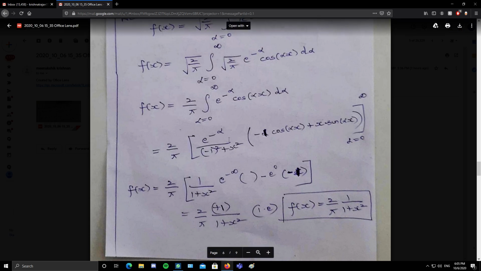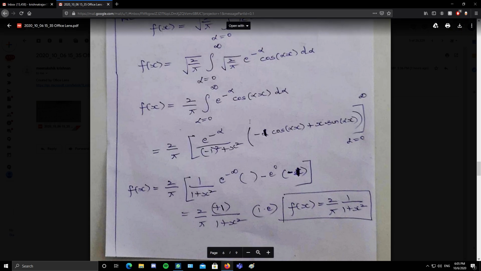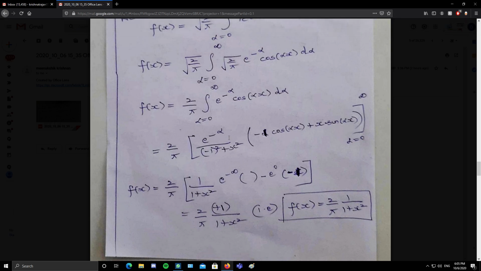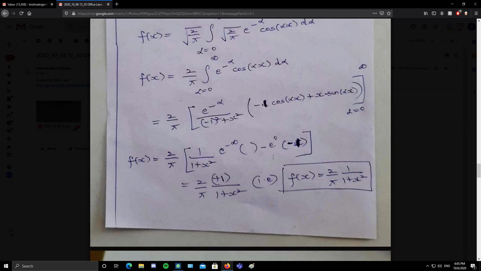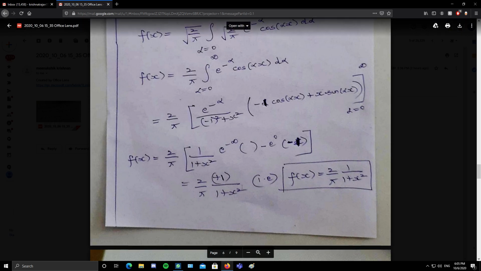Minus, when alpha takes the lower limit 0, e power 0 is 1, cos 0 is 1, so minus 1. So on simplification, 2 by pi into 1 by 1 plus x square.